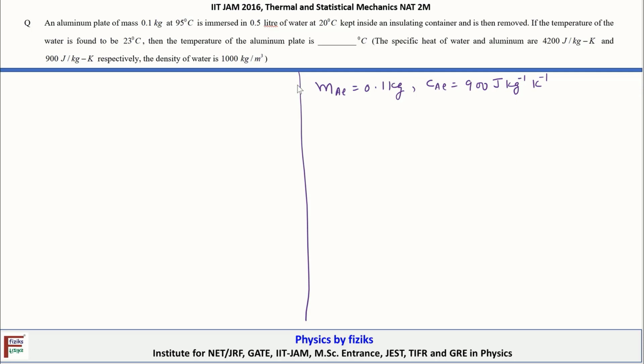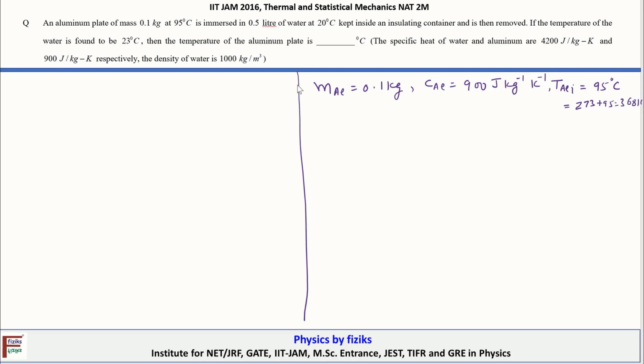Further, the initial temperature of the aluminium, T aluminium initial, is equal to 95 degrees Celsius, which is 273 plus 95, and that will be 368 Kelvin.